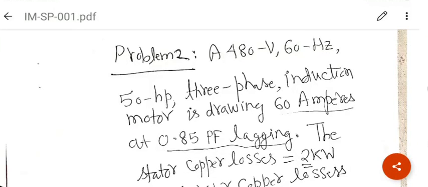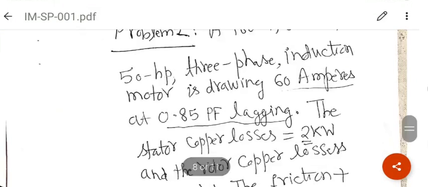A 480 volt, 60 Hertz, 50 horsepower, 3-phase induction motor is drawing 60 amperes at 0.8 power factor lagging. Here also you don't need equivalent circuit, but it is more like looking at the functionality of the motor and trying to figure out power at various stages.